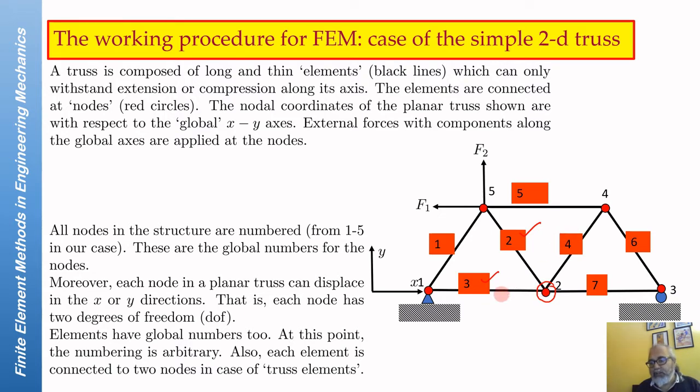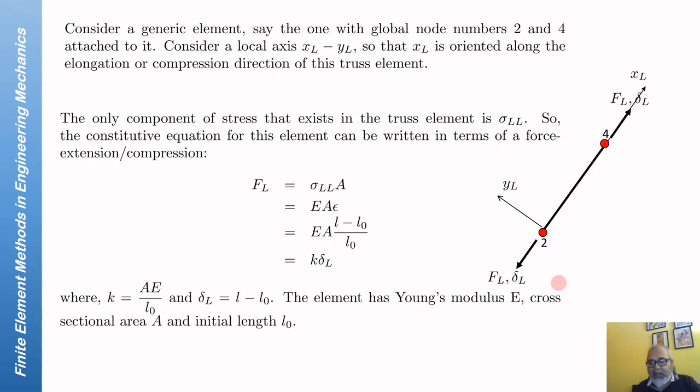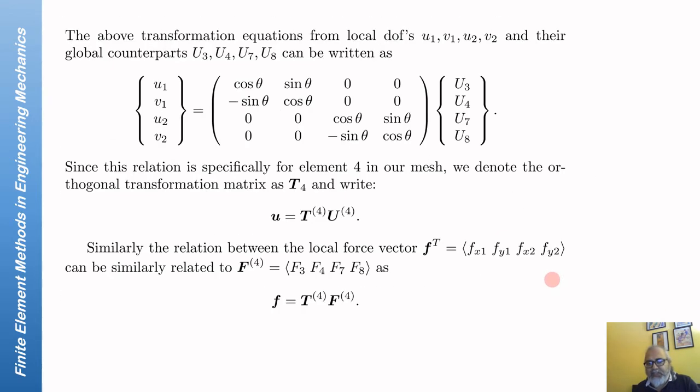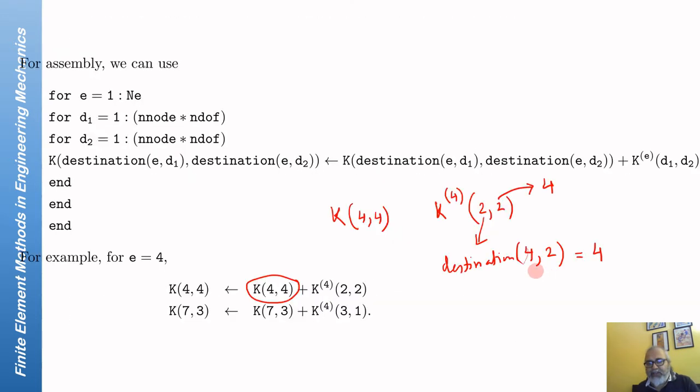So we have to keep the contributions from 2 and 3 when we add 4. Similarly, it will have contributions from 7 after that. So we will have to then keep adding these contributions. So when we assemble 7, we will have contributions from 2, 3, and 4 already at this degree of freedom. And that is ensured by the fact that we add this local contribution to whatever was existing here.